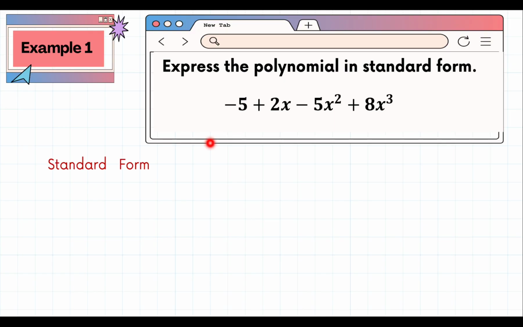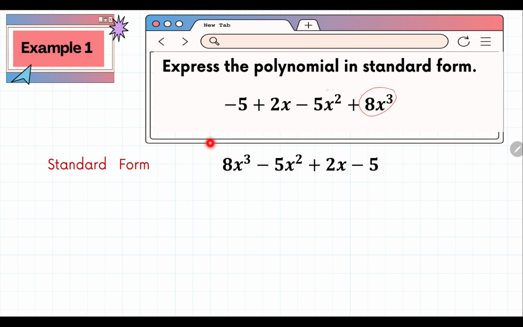So, to write the standard form, again, you have to remember that you have to arrange the terms from the highest exponent to the lowest exponent so that we have this. You have 8x cubed, the one with the highest exponent. Carry with the terms the operation before. So we have positive 8x cubed.